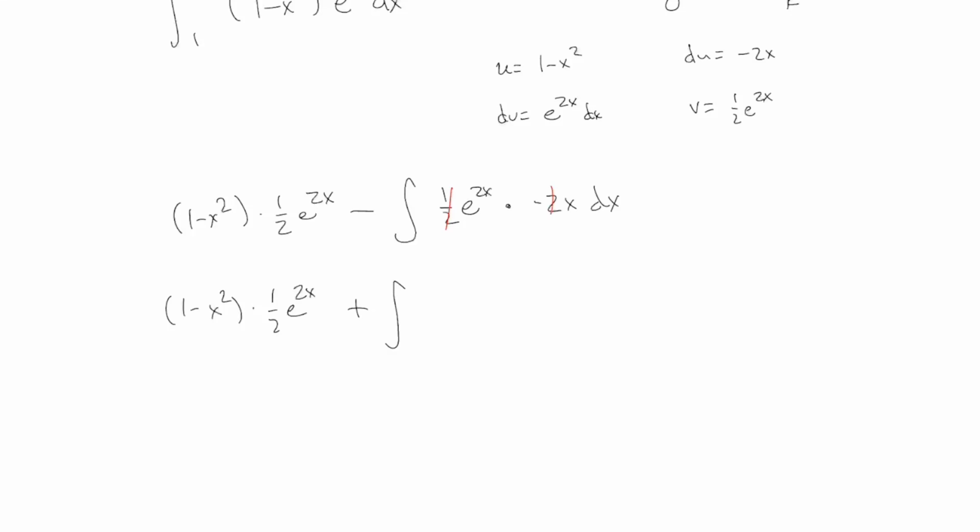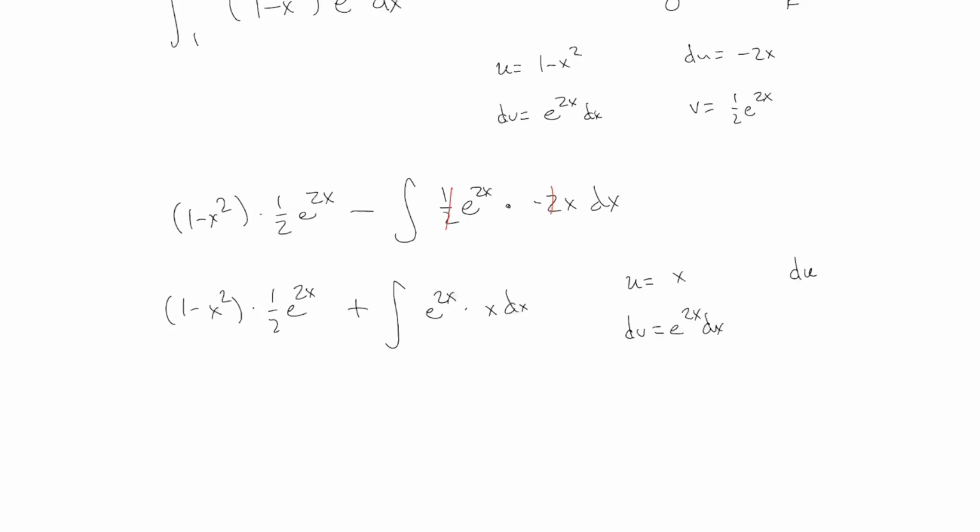plus integral. I have e to the 2x times x dx, right? It's a plus because I had a minus sign inside, which I brought out of the integral. And now how do I handle e to the 2x times x? We do parts again. So the parts for the second time shall be u is x, and dv is e to the 2x dx.